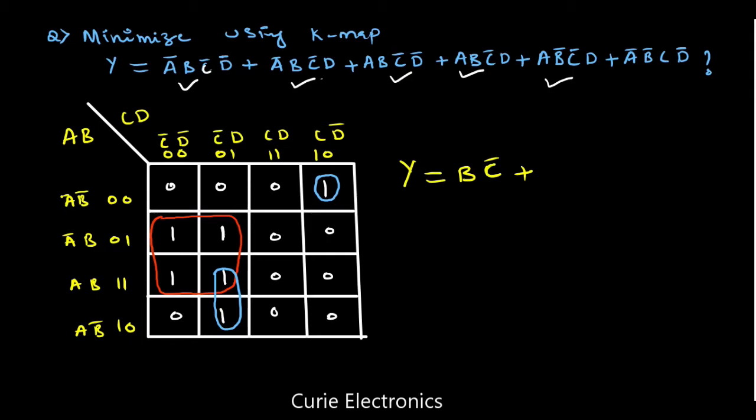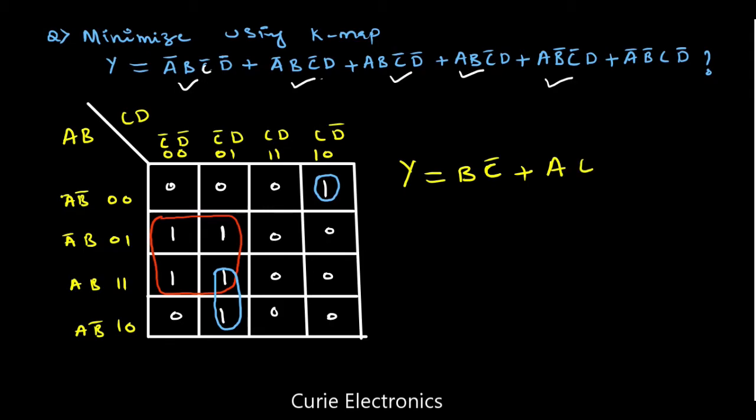Now what about the two ones in the blue color? That's a pair. Here the column is the same. For the group of two ones, if you take rows, what is there? A B bar. For the B variable, there is original form and complemented form, so B bar, B will cancel. A will be left. Only one column is involved in this, so whatever that column variables are, we just write them.